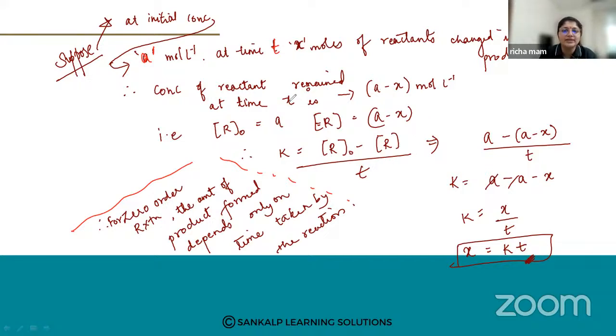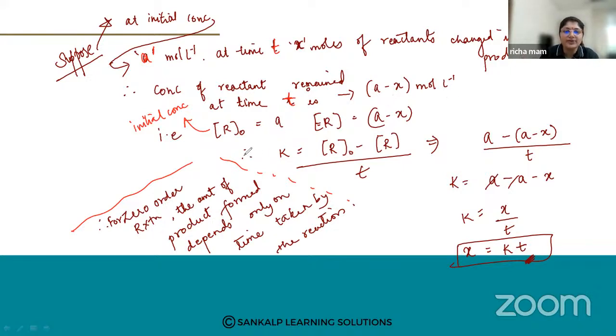It is A minus X: the initial minus how much of the reactant is consumed into product. So A minus X mole per liter. R naught represents your initial concentration, A, and after time t it is A minus X.